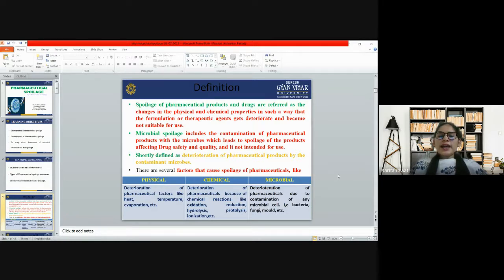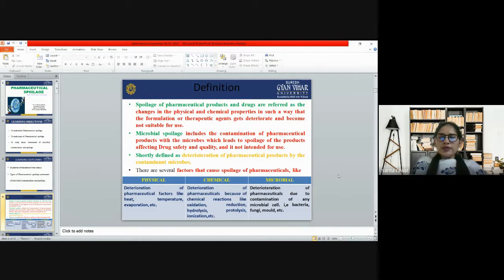There are several factors that cause spoilage of a pharmaceutical product, like physical factors. Physical factors include deterioration of pharmaceutical products by heat, temperature, evaporation, and others.